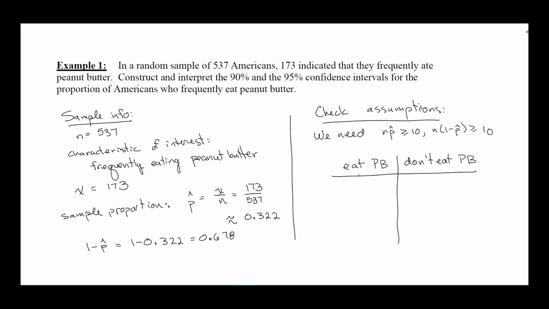Okay, so we have 173 of these, right? So how many are there that do not like the peanut butter? 364. How did we get that? We did the sample size, 537, and we subtract 173.